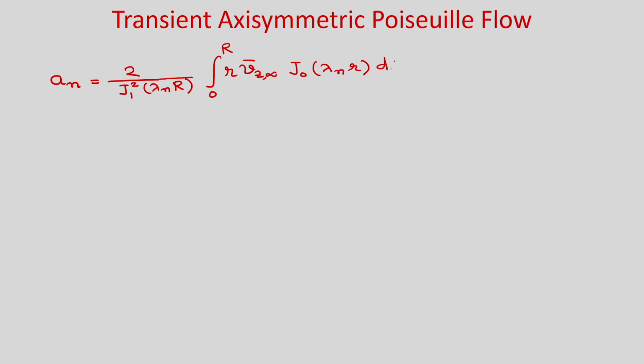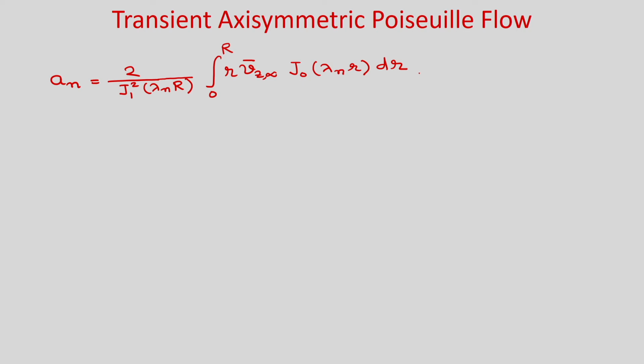So, you can see that we can find A n as 2 by J1 square lambda n R, which is from the orthogonal property you are getting half J1 square lambda n R for m equal to n, and you will get 0 for m not equal to n, times integral 0 to R of V z infinity bar J0 lambda n r dr.